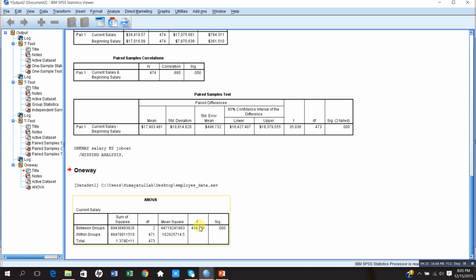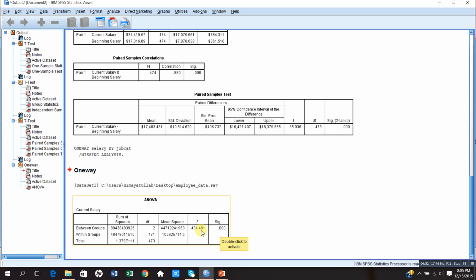So I look at the F value. The higher the F value, the lower the significance value. Since this F value is very high, we have a low probability value. So this p value of 0.000 is less than 5%, and we will reject our null hypothesis.